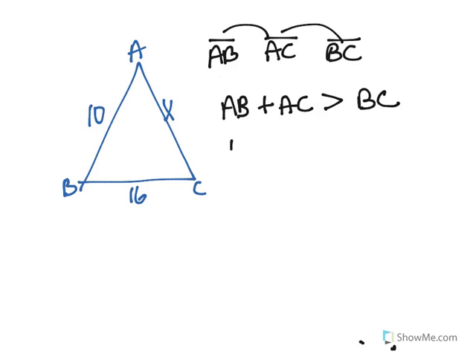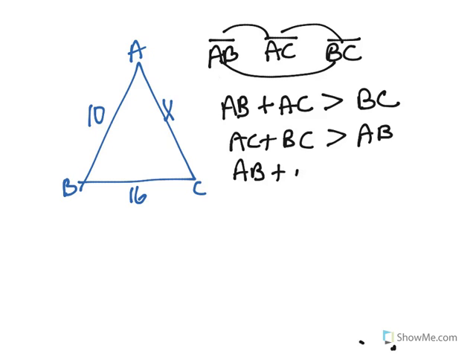Then AC plus BC needs to be greater than AB. It's the second two. And then the third pair is going to be AB plus BC needs to be greater than AC. So you can just work these out. AB is 10 and AC is X, and that needs to be greater than 16.